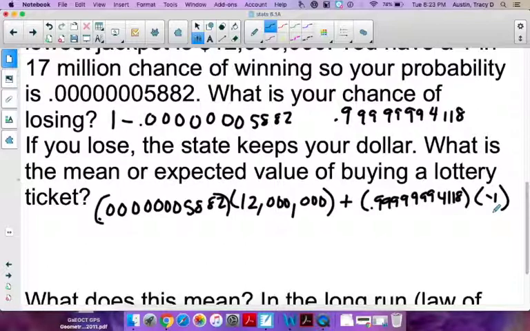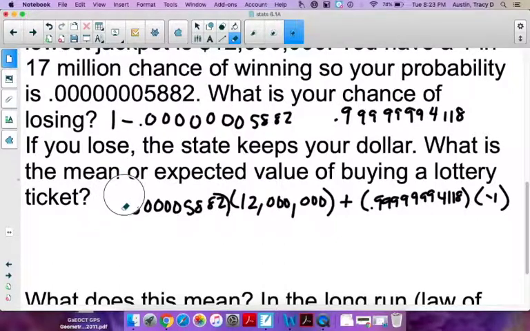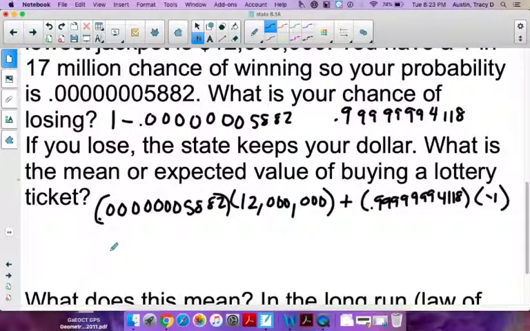this is a long-term expected value on average, and here's your long term again. It's like that law of large numbers. What should you expect to basically get? I think it is either negative 29 or negative 0.59. So what does that mean in the long run?